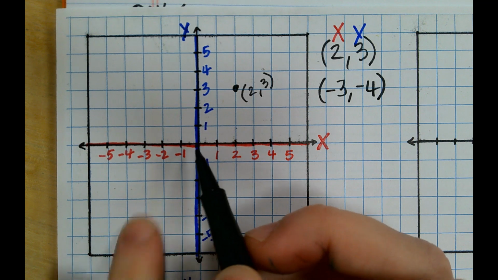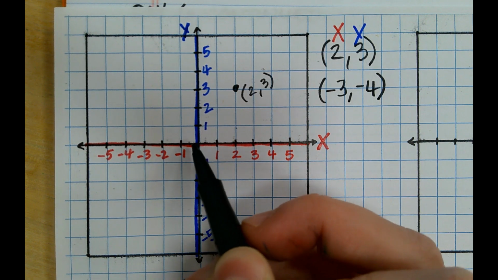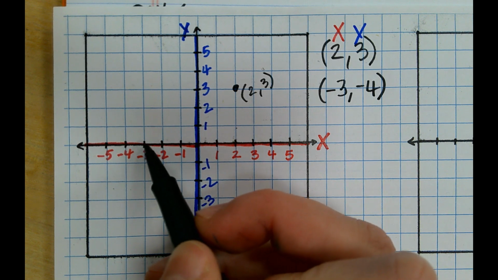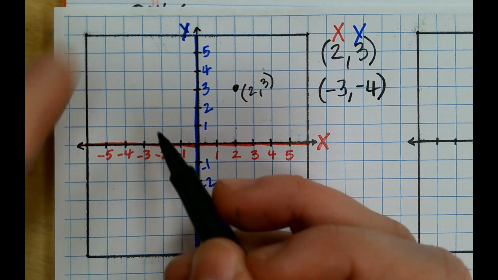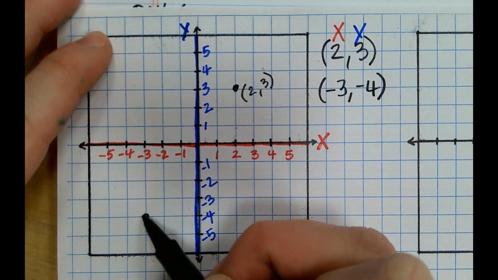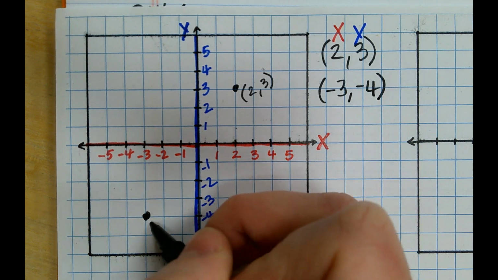So going left to right, I'll start at 0, and I'm going to go over -1, -2, -3 in the x direction. And how many up or down will I go from here? Down 4. Down 4, perfect. 1, 2, 3, 4. So here's my second point. -3, -4, so we'll label that too.